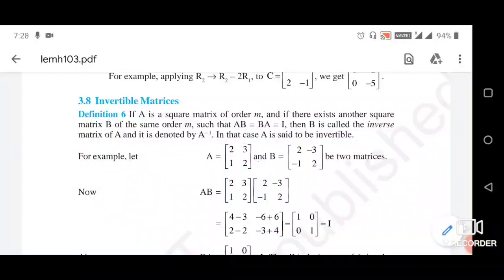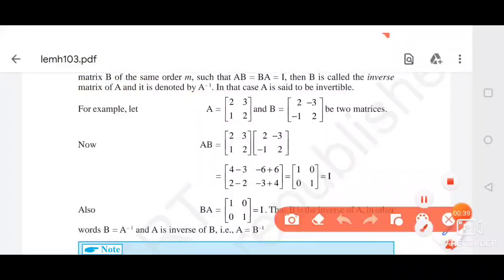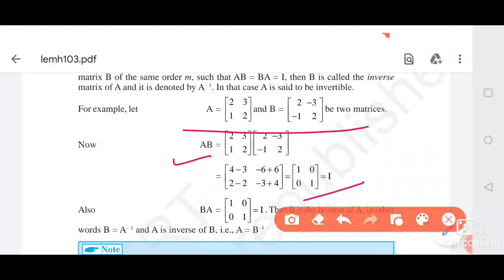Now here one example is given. See, the two matrices are given, A and B, and they have done A into B. So from there they have AB is equal to I. I means the identity matrix. Now you see from here A is a square matrix of order 2 by 2.